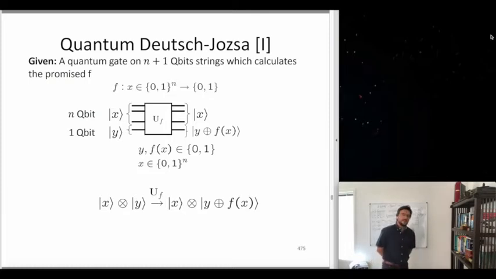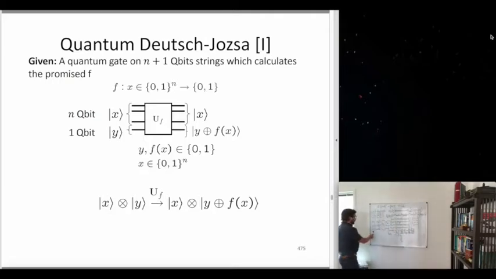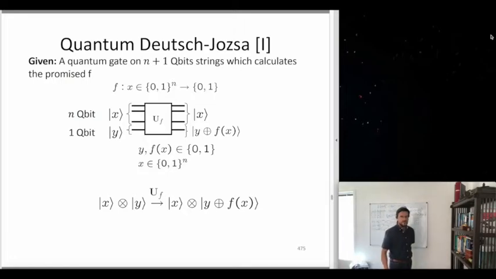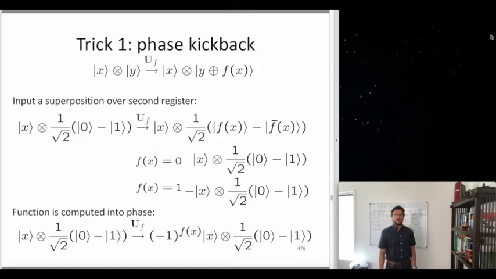Remember, the phase kickback means if we just have one output qubit here, it can be a trash qubit, an auxiliary bit. If we put that in a superposition, we have that negative relative phase that we can use as a phase kickback bit. So this is the trick one that we apply.